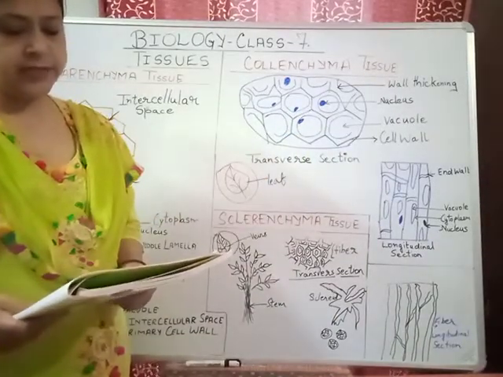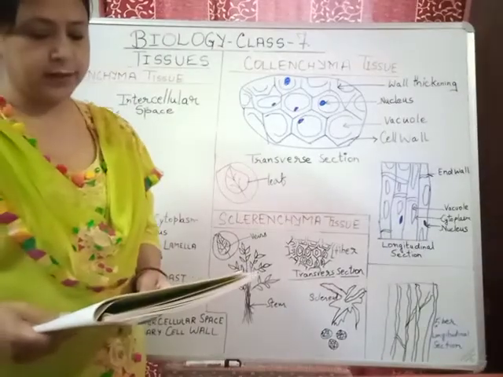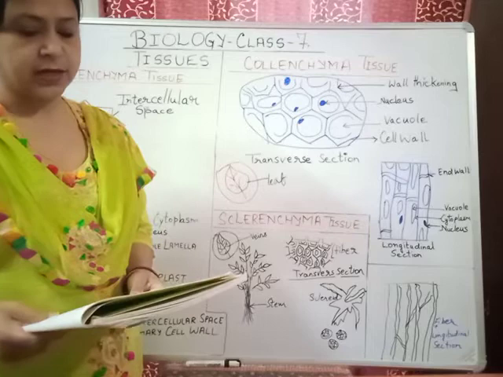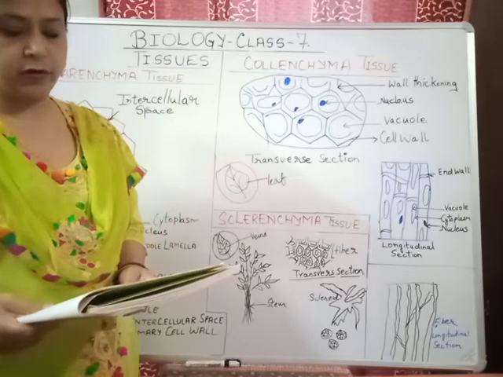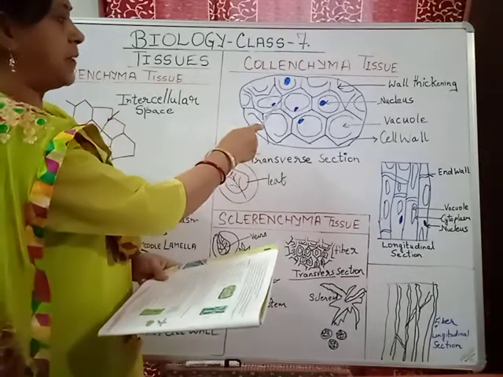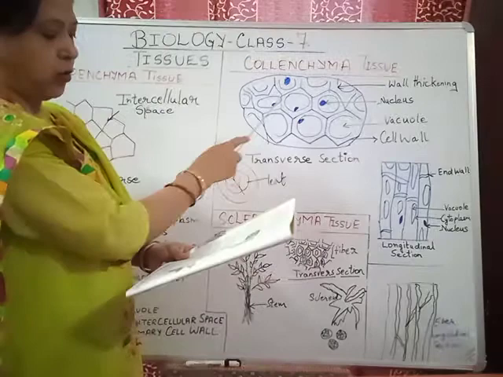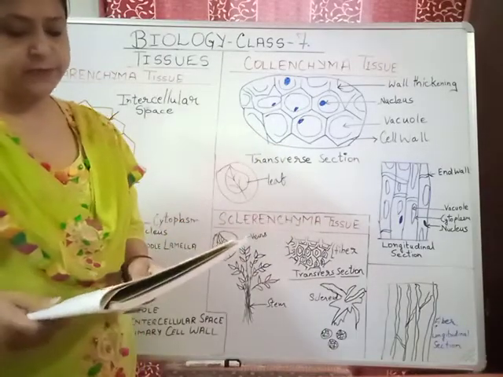The cells are circular, oval, or angular in transverse section. See the shape: oval, circular, and angular in transverse section.